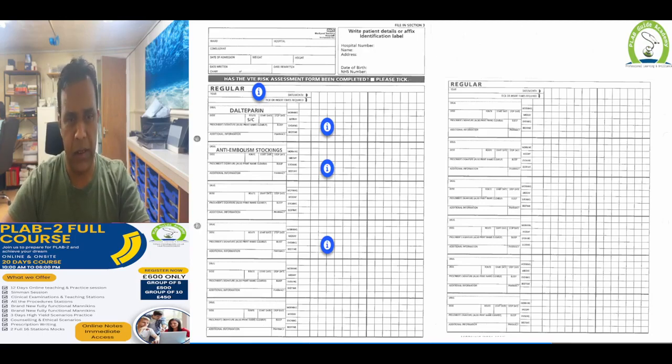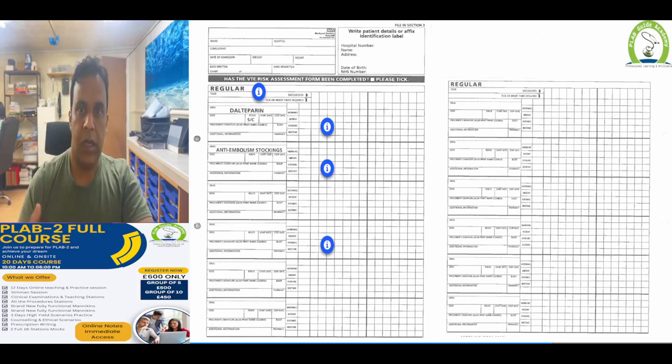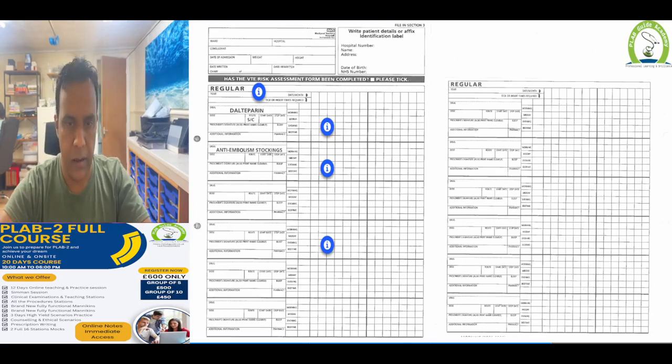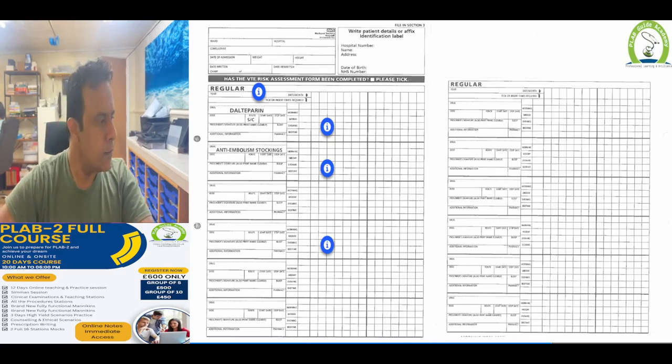Then you write the start date, and in the additional information you must write for AES or VTE prophylaxis. Now, because the socks are to be worn 24 hours, all the patients should be wearing them all the time. So it is important that you encircle all the rounds. That's morning, midday, evening, and night, or the bedtime.